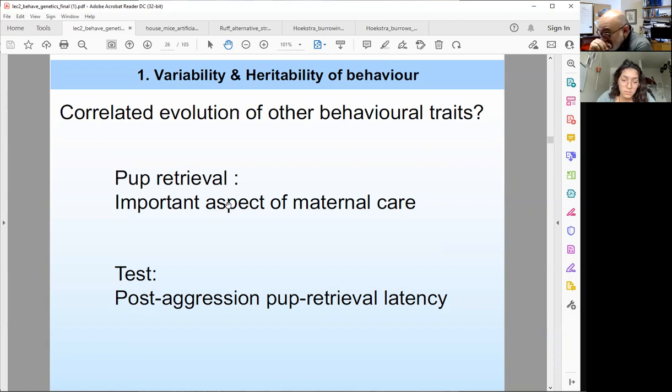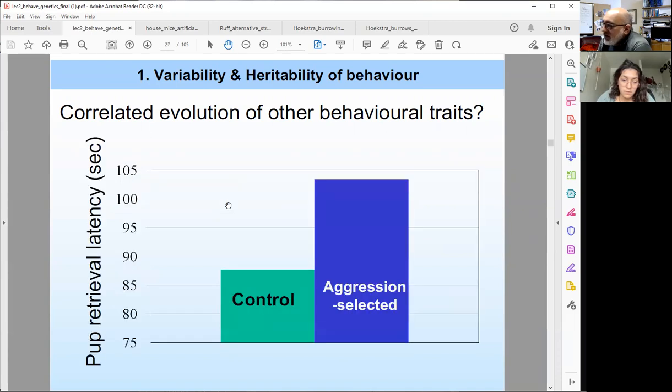And so we can look at the relationship between aggression and pup retrieval. And what we find here is that the amount of time that it takes for a female to go out and retrieve its pup is higher in the aggression selected line of mice.